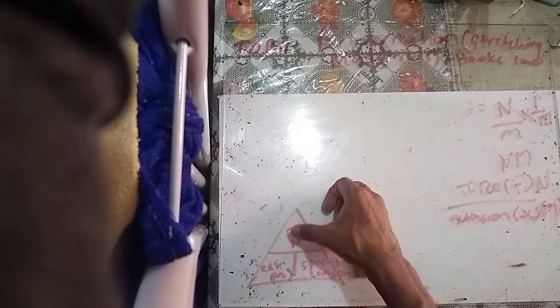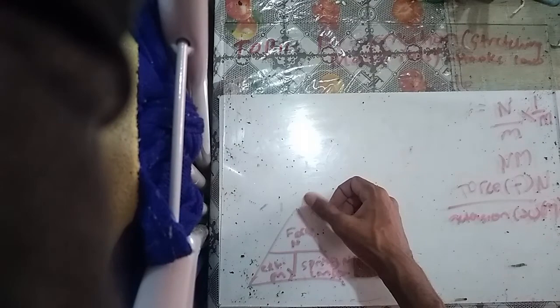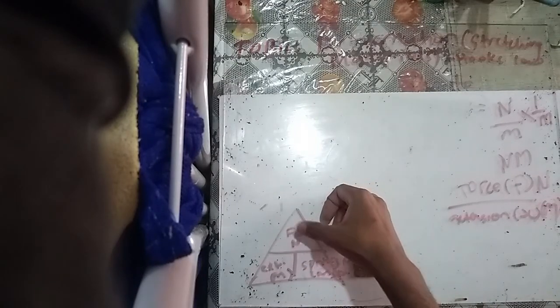You can use this triangle here, or you can use the equation there, to find not only the spring constant if you have the force and the extension. If you have the mass only, remember I said this force is going to be the weight. If you get the mass of the object only, you can convert the mass to weight by multiplying it by 10 Newton per kilogram, which is gravity, and find the weight.